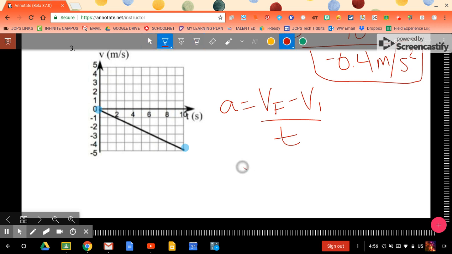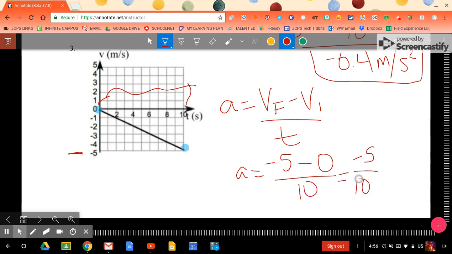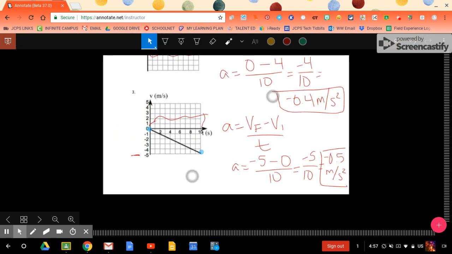So I'm going to have A equals, so my final velocity is at negative 5 minus 0. And then this happened over 10 seconds. So from that to that. So you get negative 5 divided by 10. This equals negative 0.5 meters per second squared. So don't forget about that negative. That means you're decelerating.